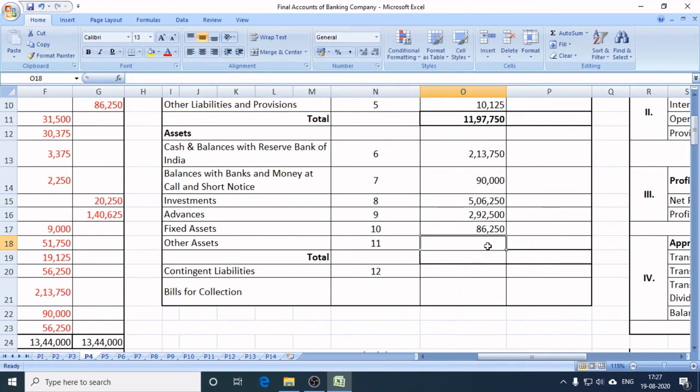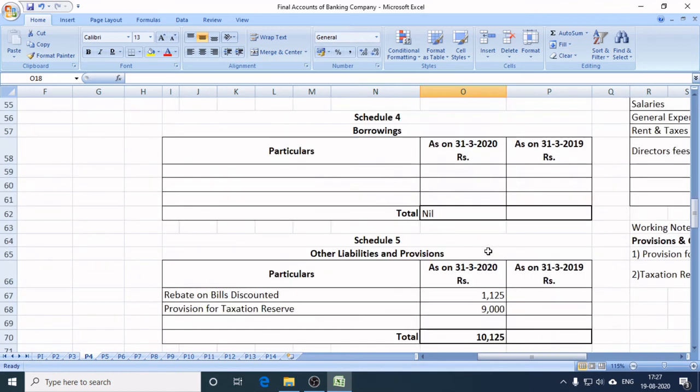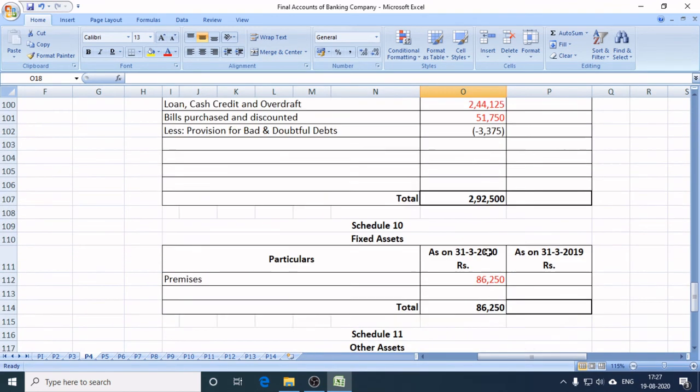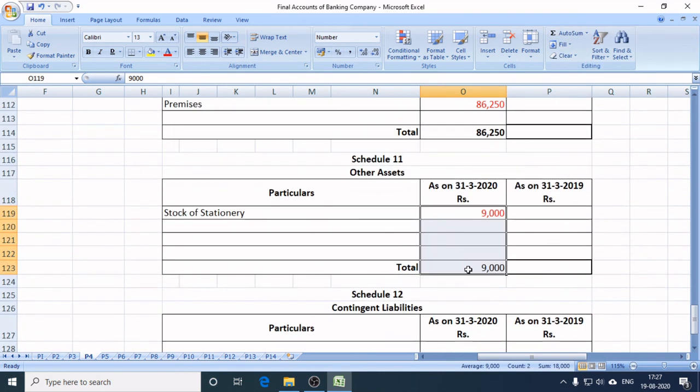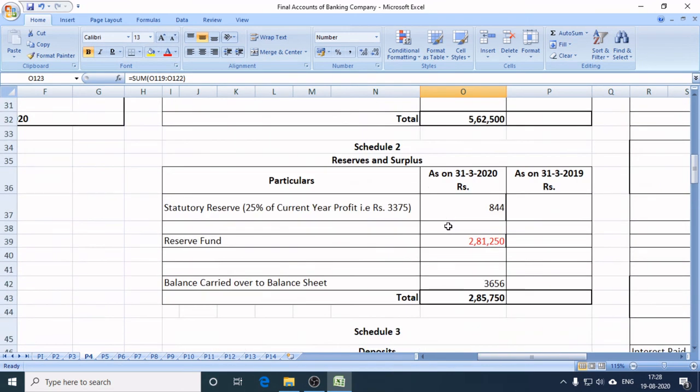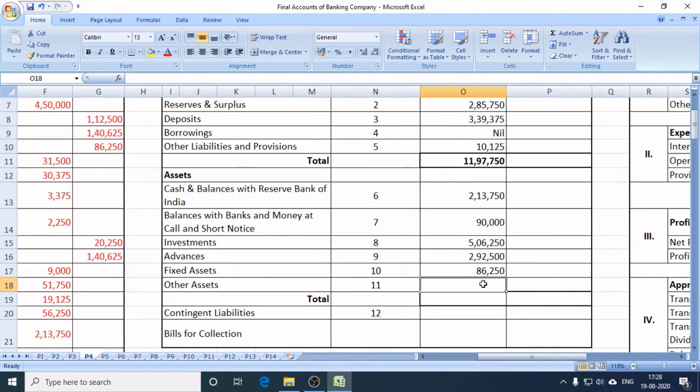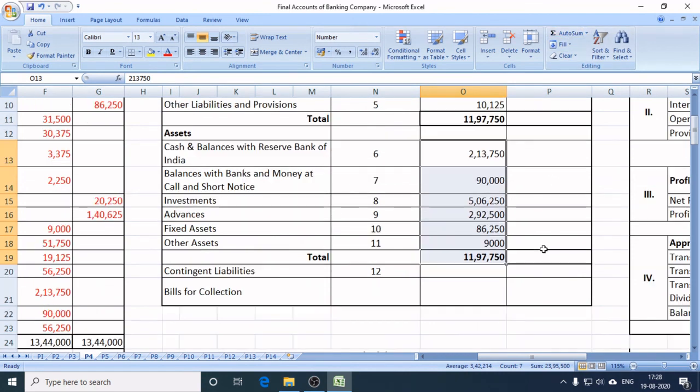Now we have other assets. There is one ledger in other assets, that is stock of stationery. The value is 9,000. Now let's add all the assets one by one. 11,97,750.